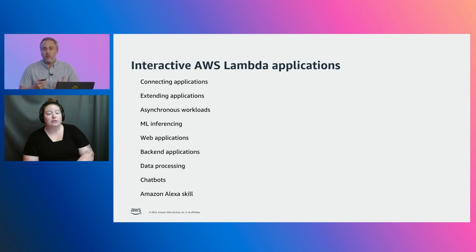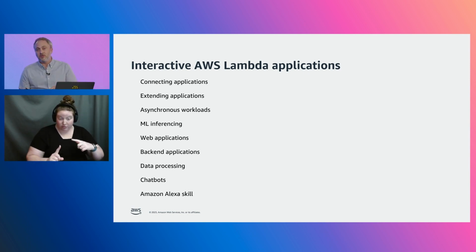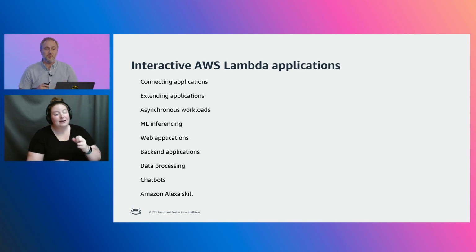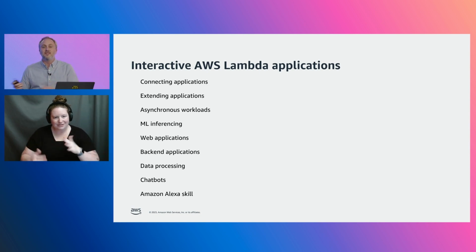Maybe they're already running on-prem or in containers, and you can extend that using a Lambda function. You can actually trigger asynchronous workloads via a synchronous invocation. So maybe you invoke your Lambda function using API Gateway with your HTTP request, and then that Lambda function triggers other events in your AWS account which run asynchronously.